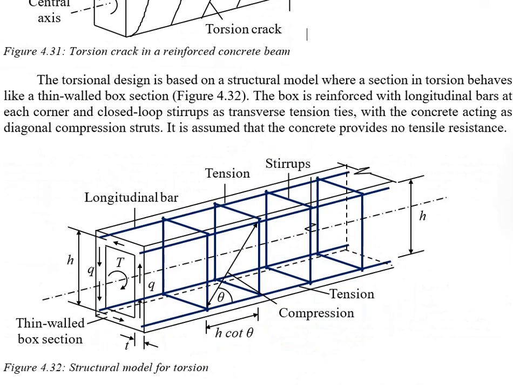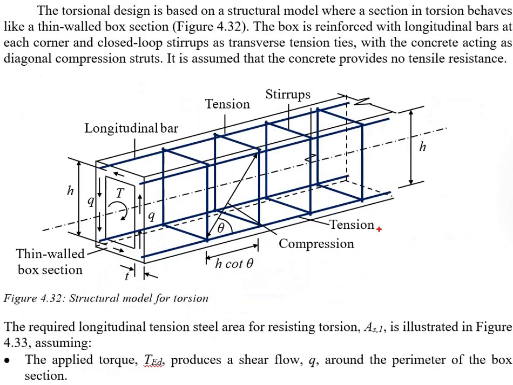We also mentioned that the derivation of the amount of reinforcement required is done on the basis of an equivalent thin wall box section using an imaginary truss model, where the longitudinal reinforcement and the link serve to take the tensile stress in the member, whereas the compressive strength of the concrete contributes to the compressive resistance.